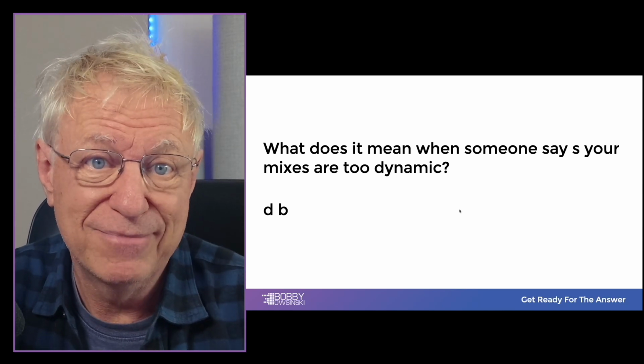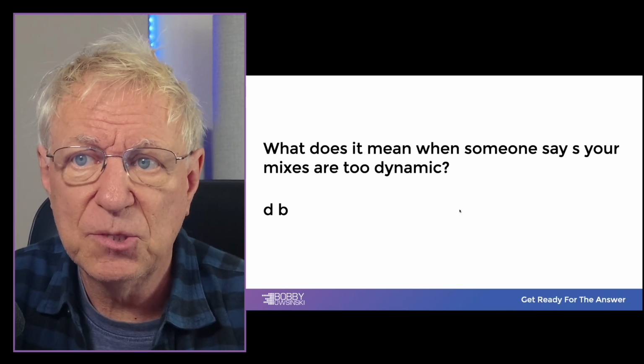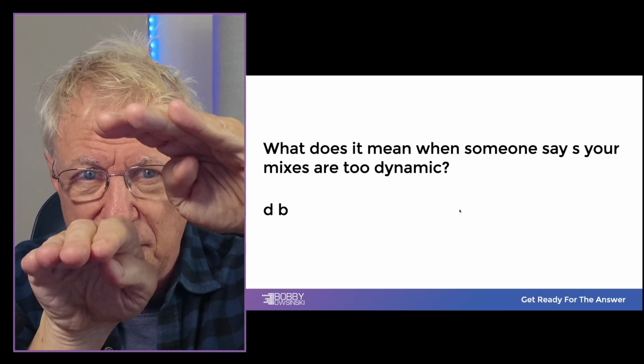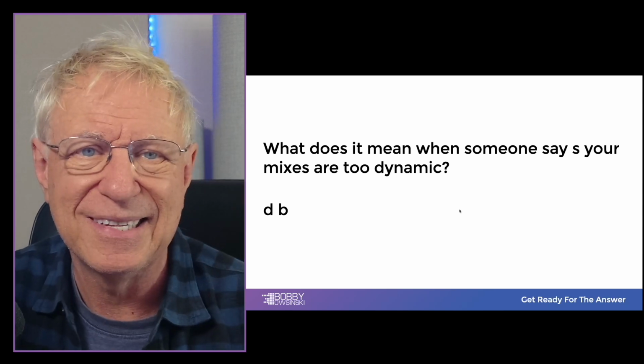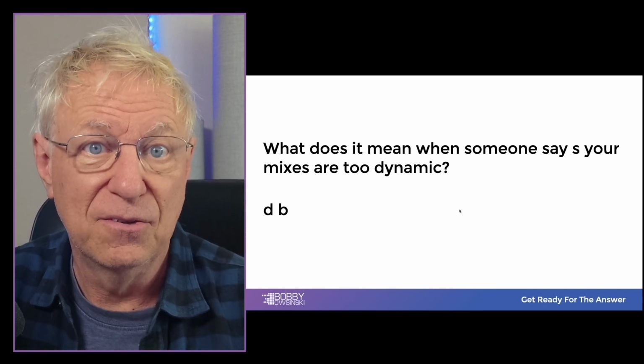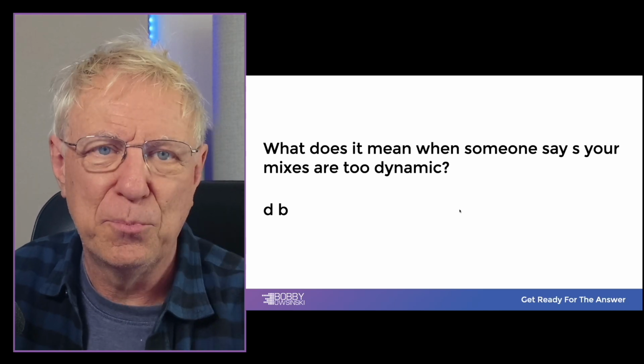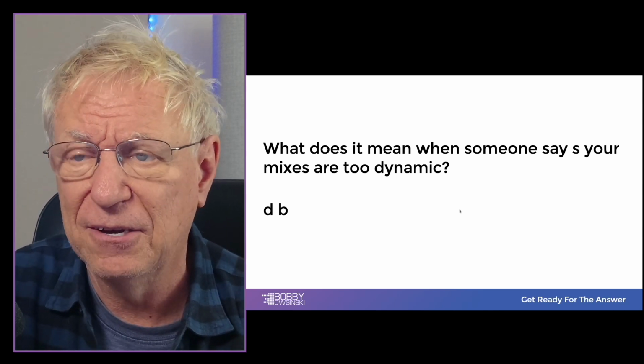We can't hear them. So that's why we tend to compress mixes. So now this dynamic range is actually coming down. It's less and less. And now there's no danger of not hearing that quiet part because it's louder. We've made it louder.